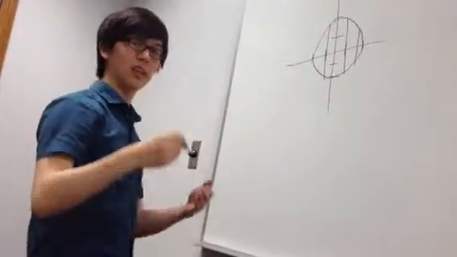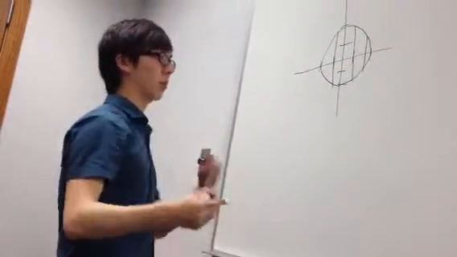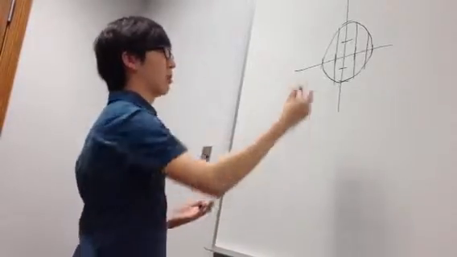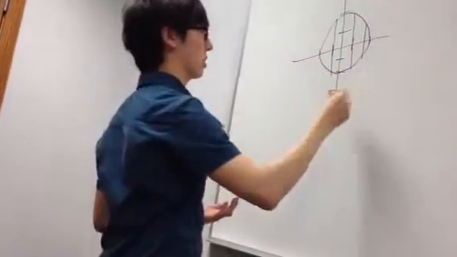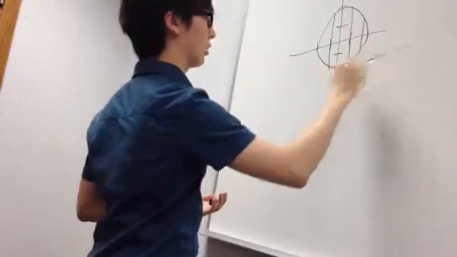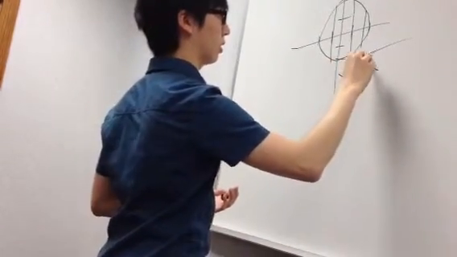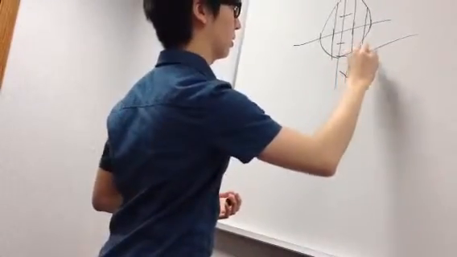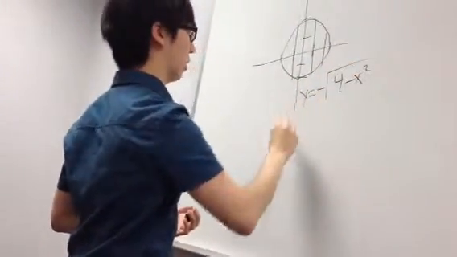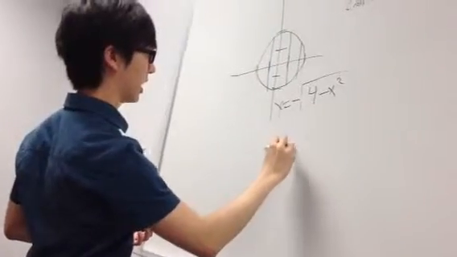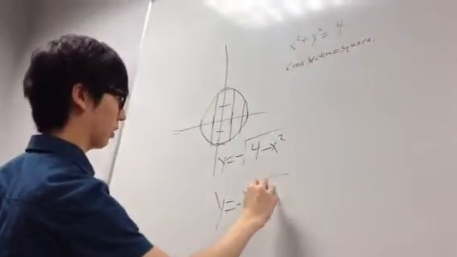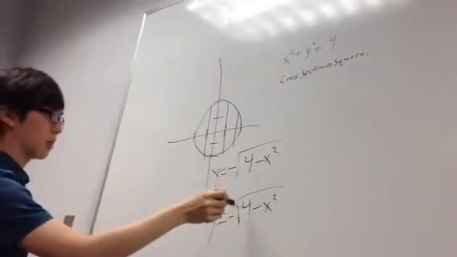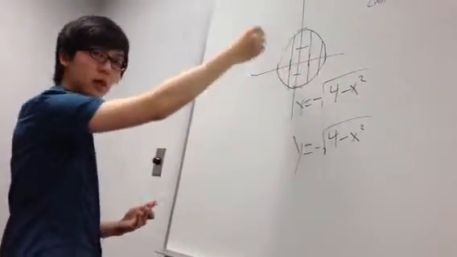So in other words, the base of the square can be expressed by the top curve, which in terms of x is y equals the square root of 4 minus x squared, and the bottom curve, which is just the negative of that, negative the square root of 4 minus x squared. So basically, it's the top curve minus the bottom curve. That is the base of your square.